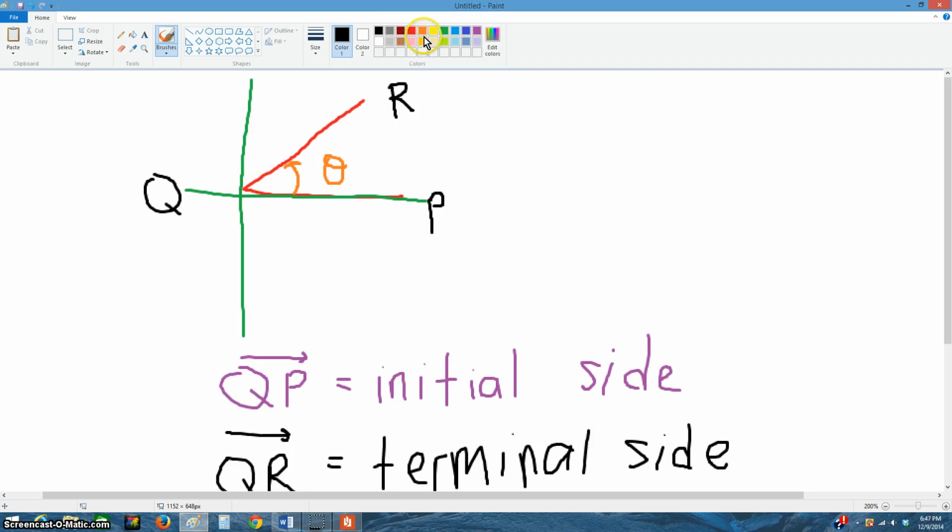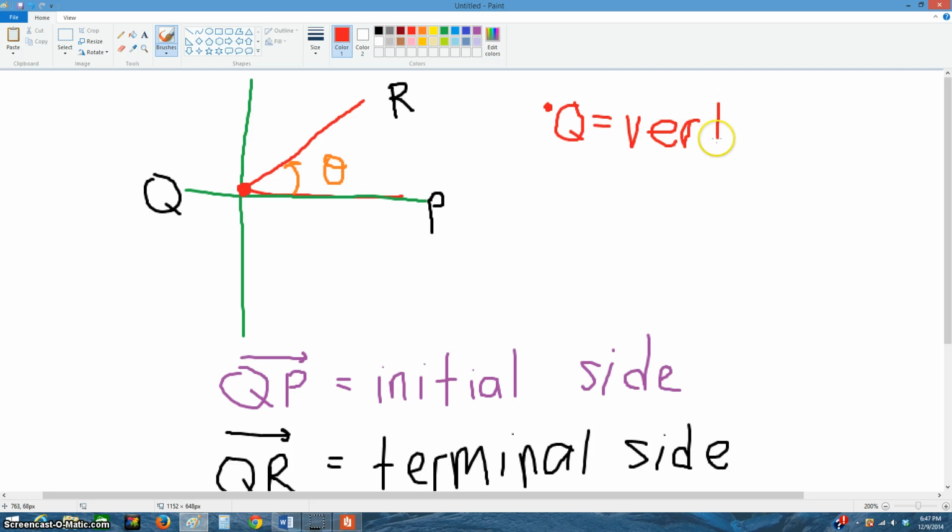And let's just, for supplemental purposes, if I were to give you point Q, and I wanted to know, well, what is point Q? That is something you should know. You should know that point Q is called the vertex. Okay?